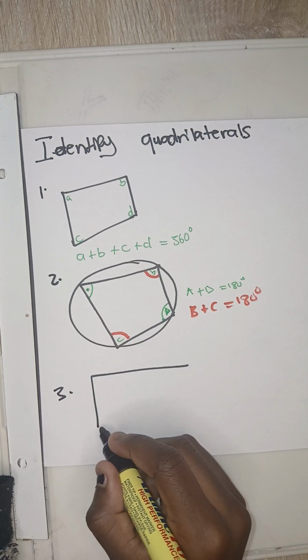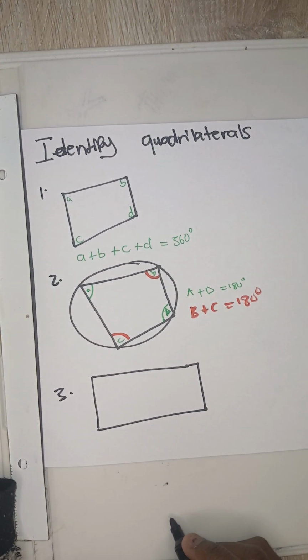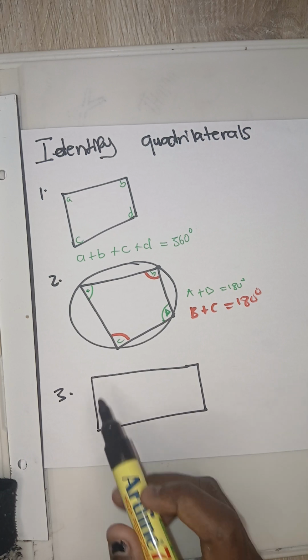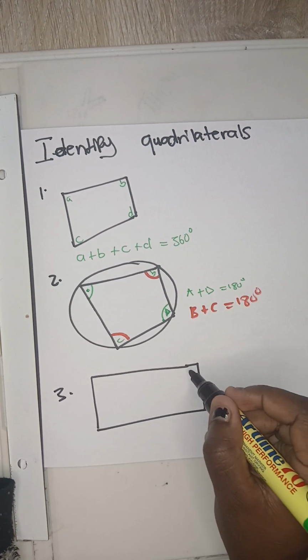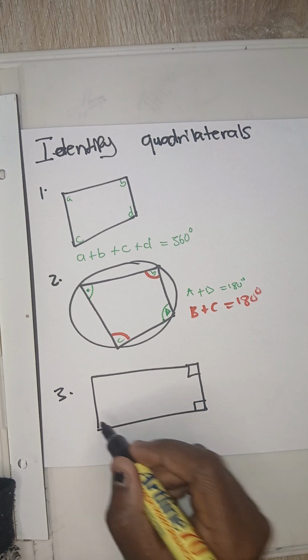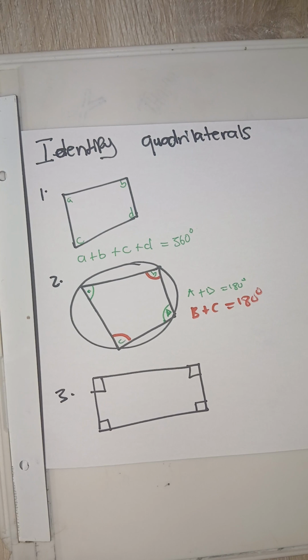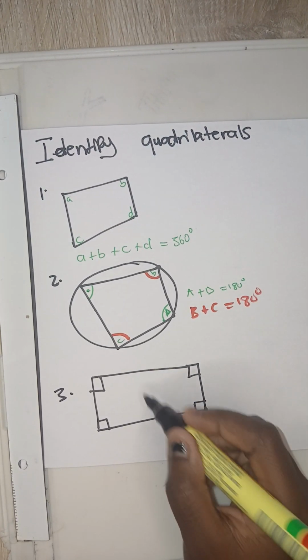And then we have a triangle. A triangle has 4 equal angles, which is 90, 90, 90, 90. They are all 90 degrees. And these two lines are parallel.